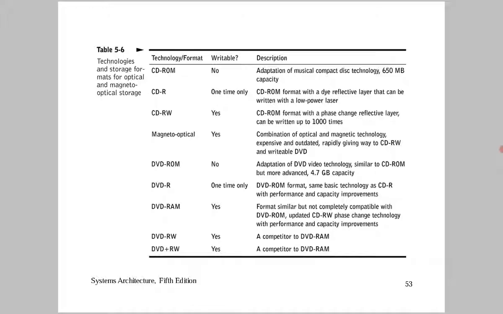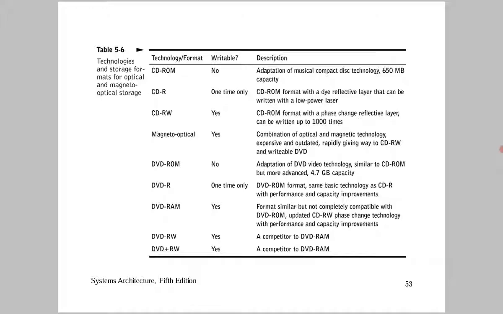So what are the technologies and formats? There are many different technologies, like CD-ROM, CD-R, CD-RW, DVD-ROM, DVD-R, DVD-RAM, DVD-RW, DVD+RW, like that.